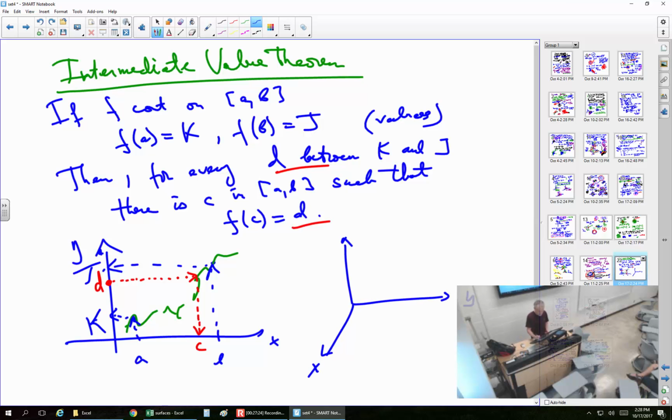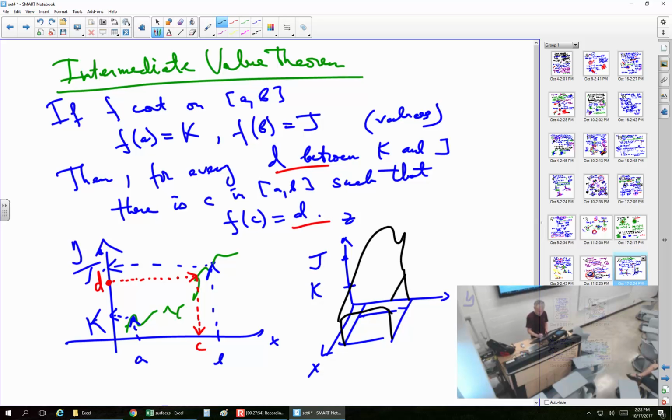So you have x, y, and z, and you could still start with two values, k and j, of the function. However, that's not going to help us a lot with where we should be finding that d. So let me try to plot what the graph might look like.